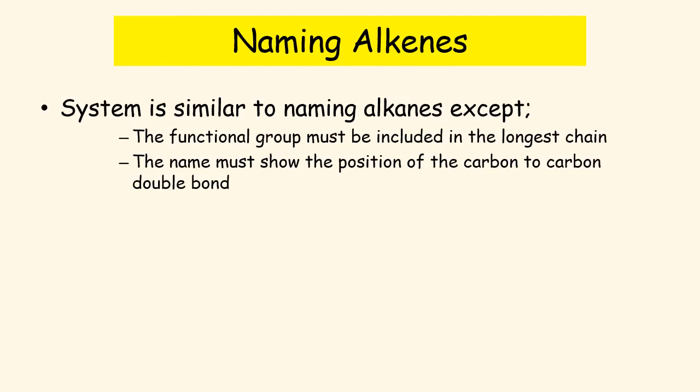Now, when it comes to naming alkenes, the system is very similar to naming alkanes, except the functional group must be included as part of the longest chain, and you need to show a number that indicates the position of the carbon-carbon double bond.